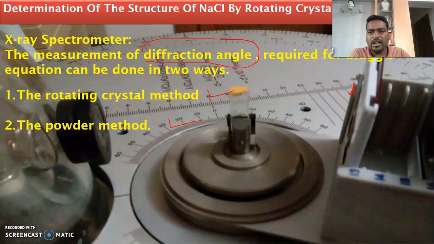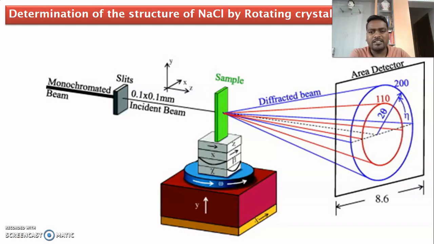Now I am going to discuss the rotating crystal method. You just observe the figure. From here we are passing X-ray radiation, a monochromatic beam, and this is a slit.